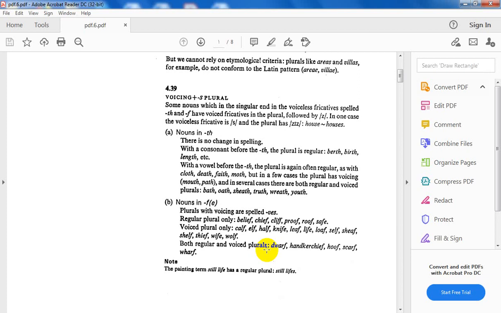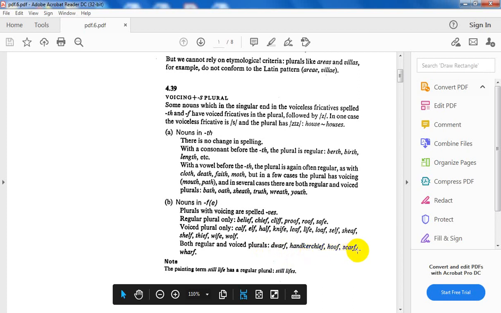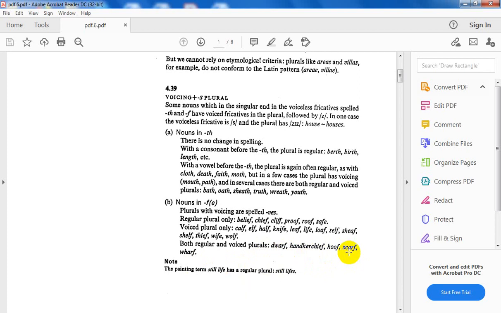What are they? Dwarf, handkerchief, hoof, scarf, wolf. For example, scarf: either adding s, so scarfs with the f staying voiceless, or again I can say scarves, which becomes ves.